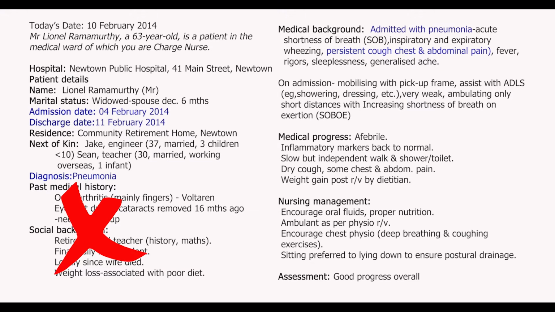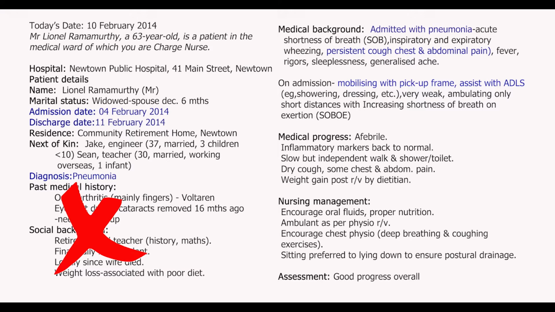You can include the pickup frame, like he used a pickup frame for mobilization and was assisted with activities of daily living. If you want to include the shortness of breath part, you can include that. Anyway, I am not including it because at present it is not mentioned as a problem, which means the patient may not be experiencing that problem at present.